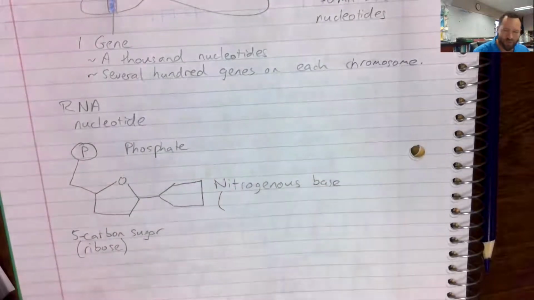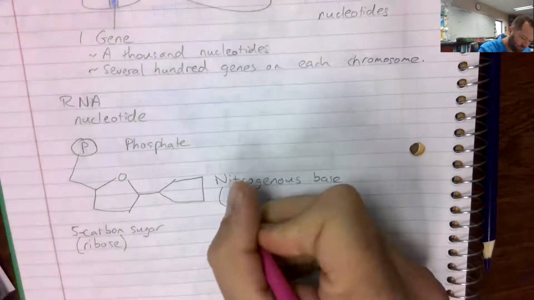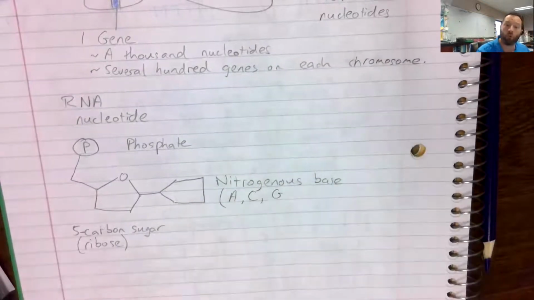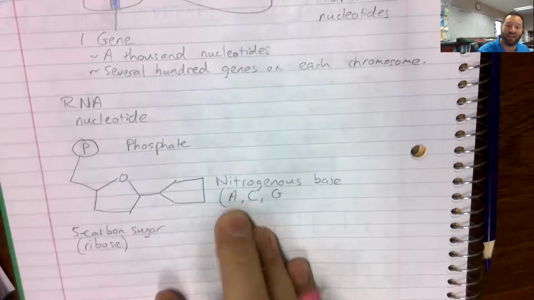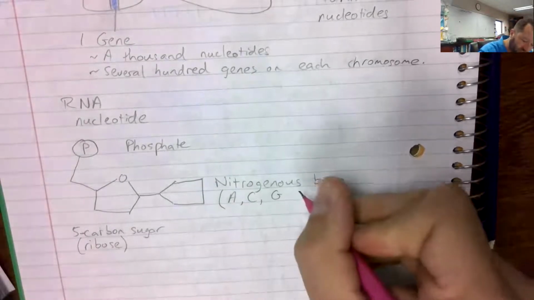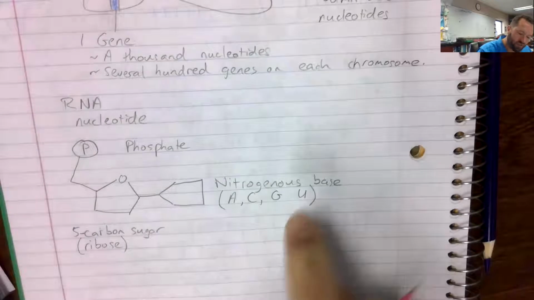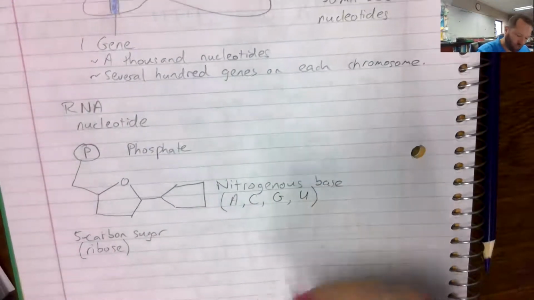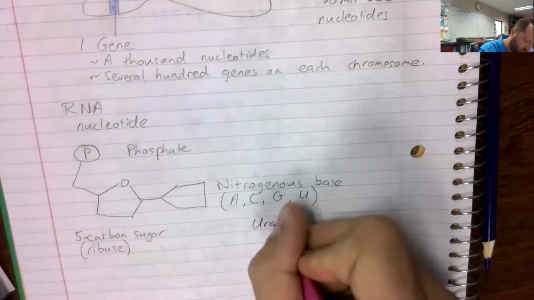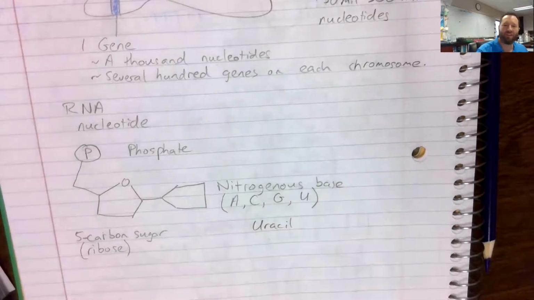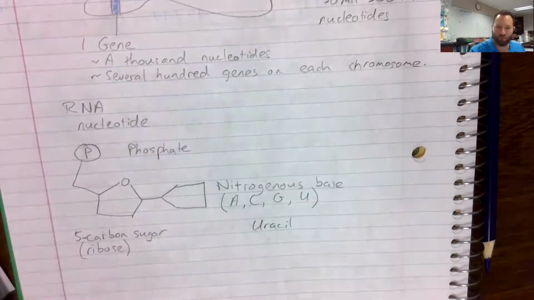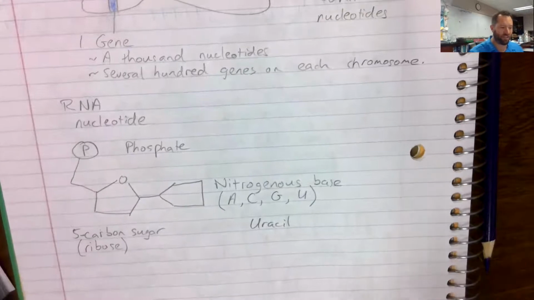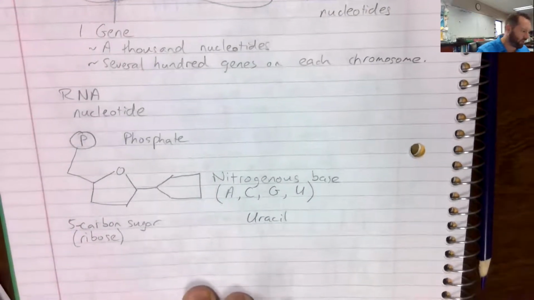And hey, keeping those similarities rolling, there are 4 different nitrogenous bases: A, C, G, and then here's the difference, a U. There's no T in RNA, it's a U, and the U stands for uracil. So uracil replaces thymine in RNA. The thymines are in DNA, we use uracil for RNA.